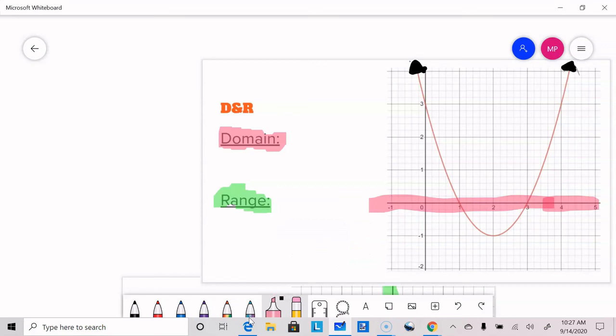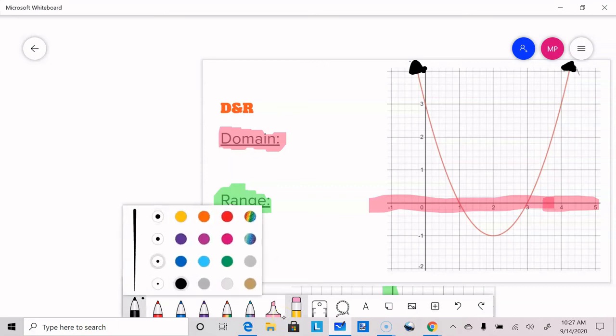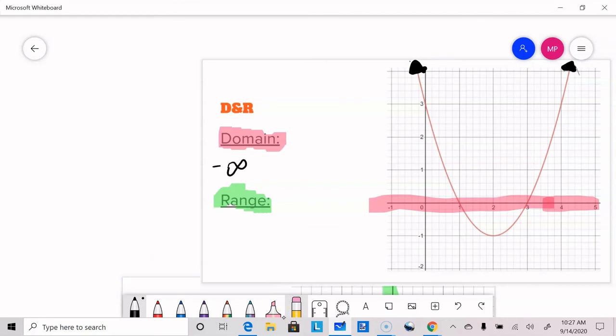If you look at the left-hand side, because that's where our smallest x value is, if I let this graph keep going, it would keep going to the left. The numbers would keep getting more and more negative, and you might remember this from Algebra 1 or geometry, it's going to approach negative infinity.